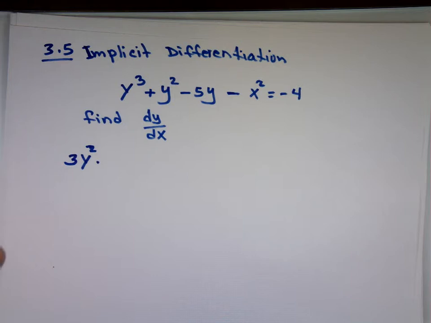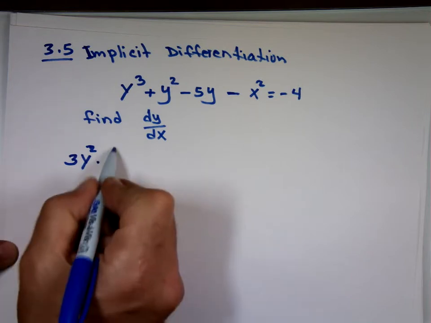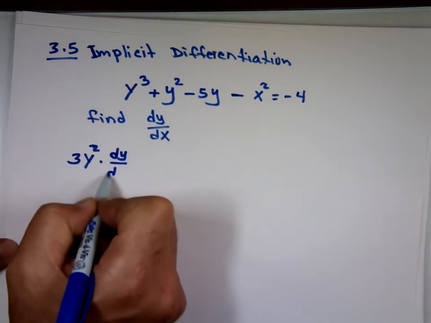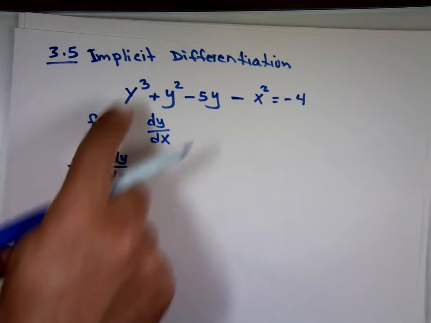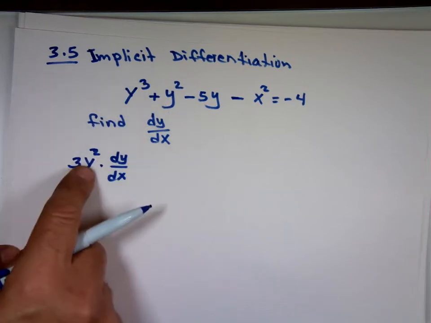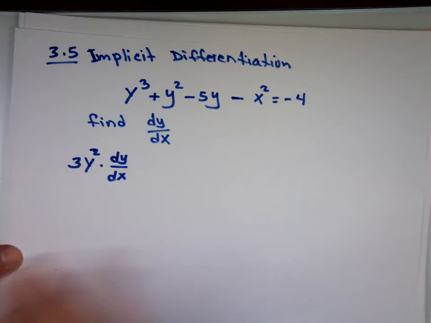You're taking the derivative with respect to x. You don't know what that is, so it's times dy dx. Remember the derivative of u to the third, 3u squared times what? U prime. The same thing here, the derivative of y to the third, 3y squared times y prime, or dy dx.